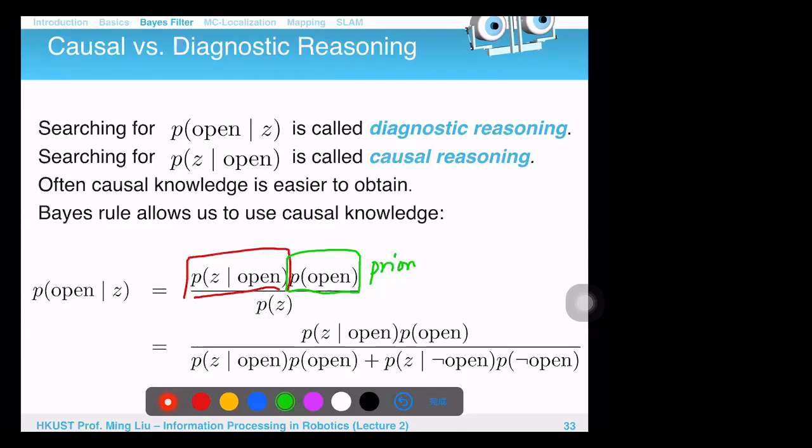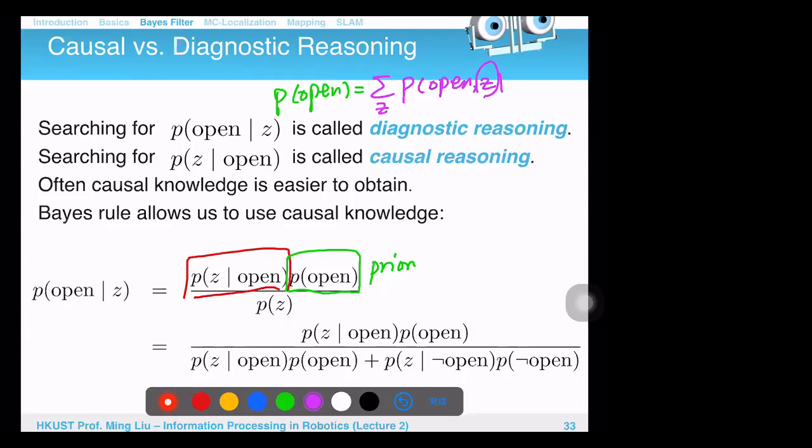P of open you can understand as the marginalization over all the Z of this joint distribution P of open and Z, right? So again, this is a distribution, just we marginalize out this Z.